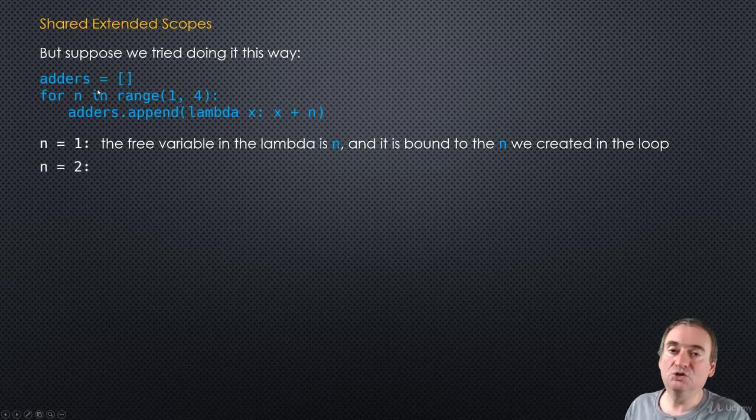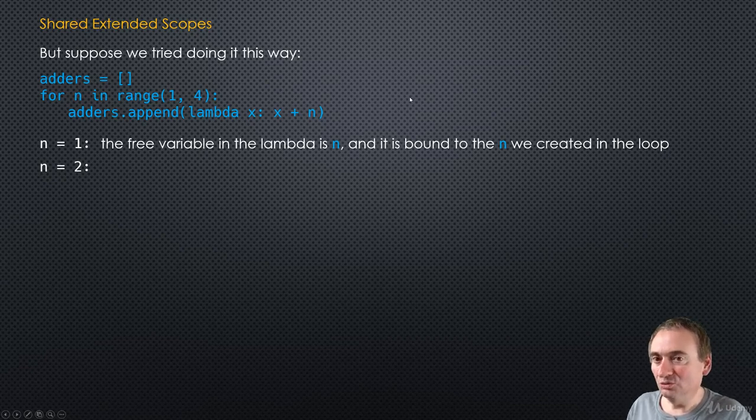Now when we run n equals 2, what happens? Well, again, we create another closure, x plus n, with n equals 2 now. But what does that mean? It means that n is going to point to the same cell as the n in the loop, and then it's going to set that n equal to 2.